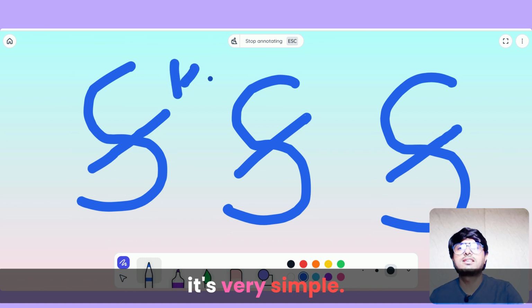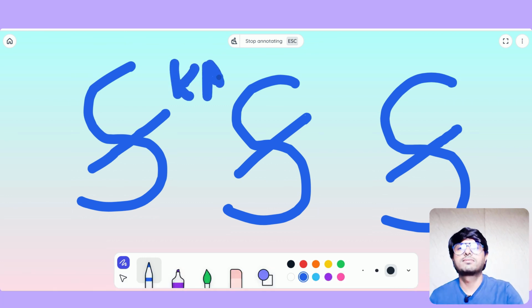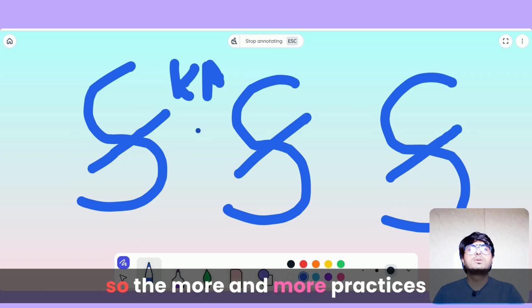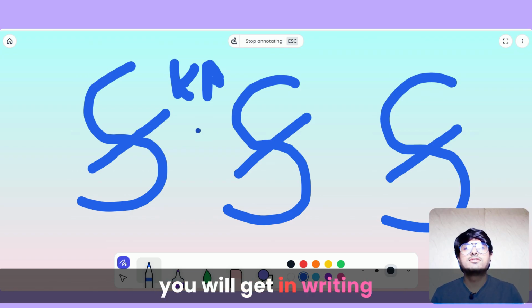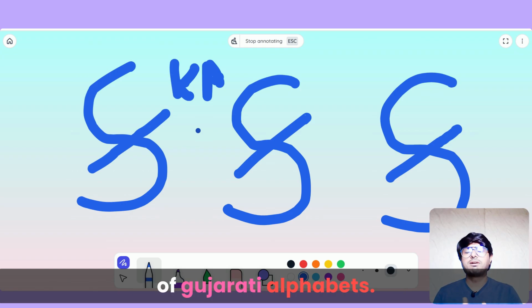It's very simple. The more you practice, the more accuracy you'll get in writing Gujarati alphabets.